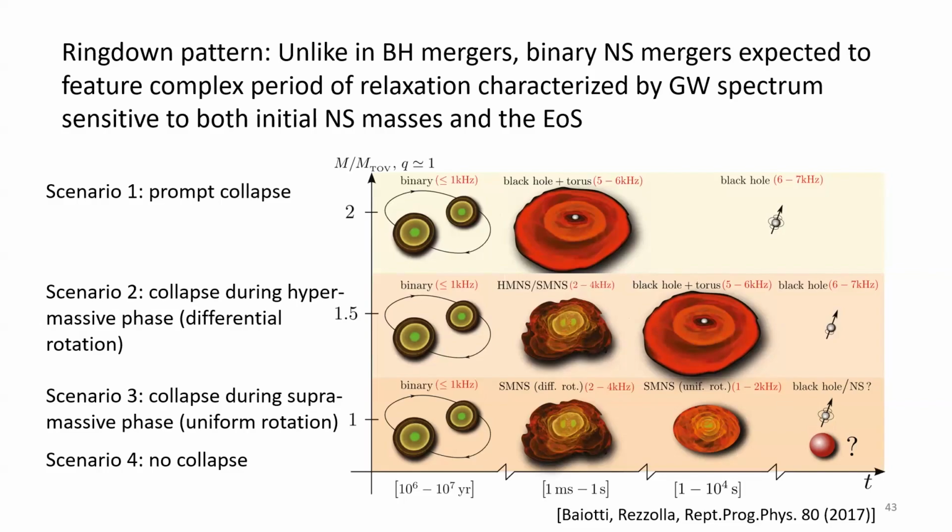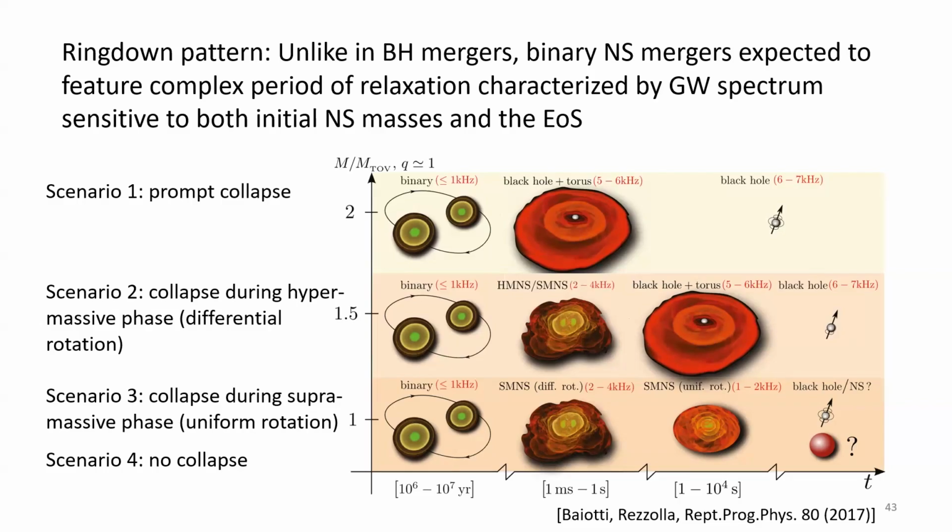And then finally, there is a very unlikely but still possible scenario number 4, in which there's never a collapse. So there's first a hypermassive phase with differential rotation, then a supramassive phase with uniform rotation, and then the system just keeps on rotating. And what happens when years and thousands of years and millions of years go by is that the end product is simply a more massive neutron star.